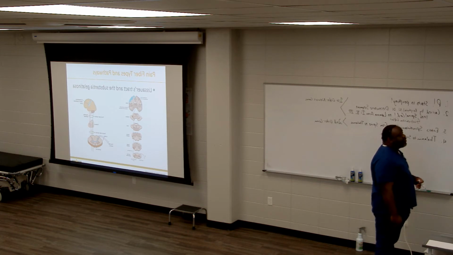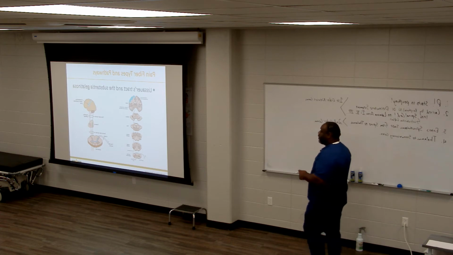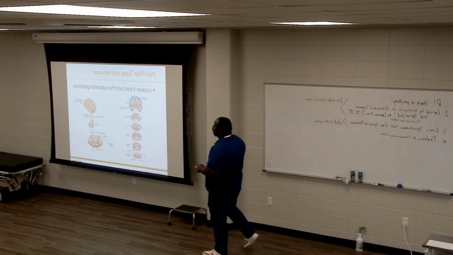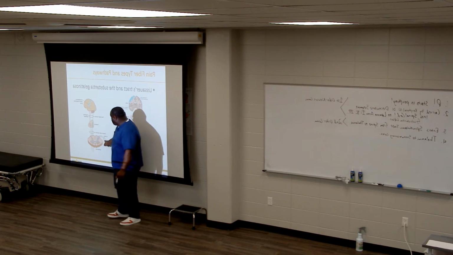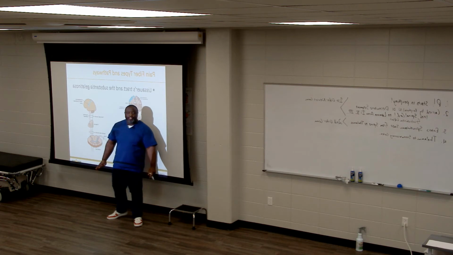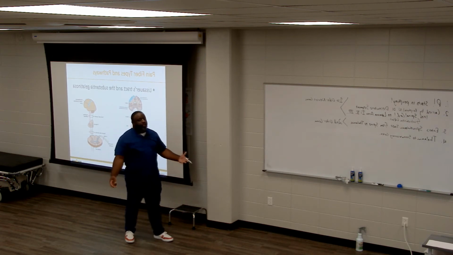Once it enters the spinothalamic tract, it does something really interesting. It's going to cross to the opposite side of the spinal cord. So it doesn't stay on the same side that the information is brought into. That's really the cool thing.